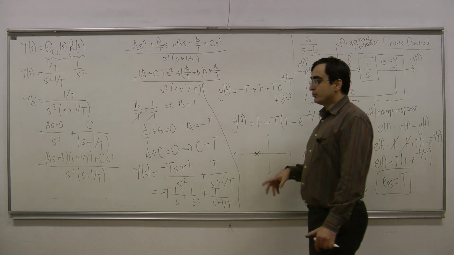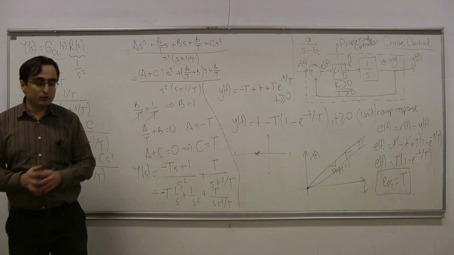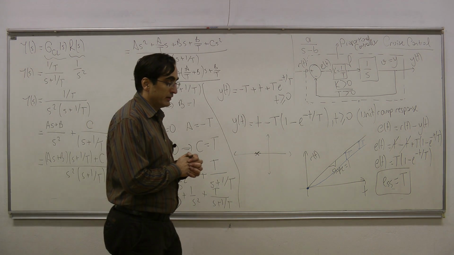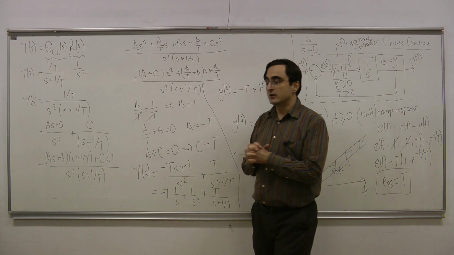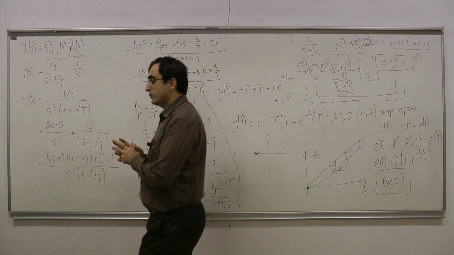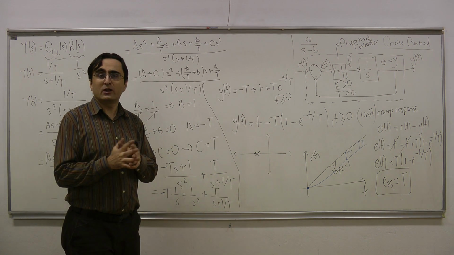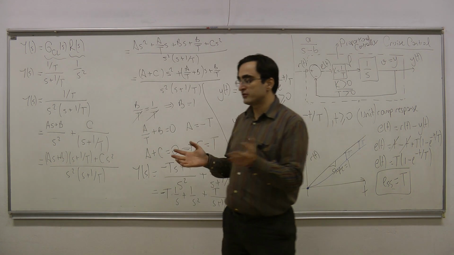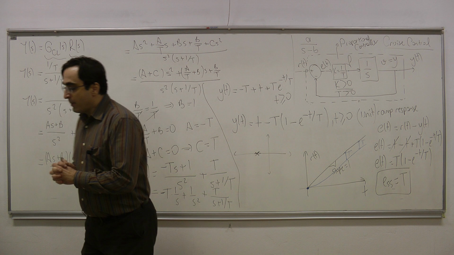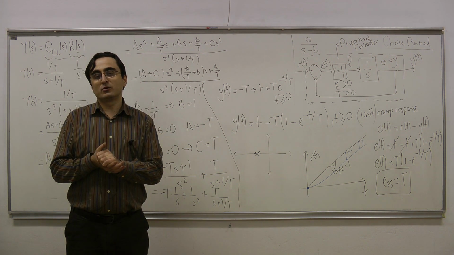Therefore, first order systems are really good systems in that they don't have any oscillatory behavior. We are going to see when we start with the second order systems, we would see oscillatory behavior for some complex pole locations. And that is really going to cause a lot of problems sometimes, and that's going to be good for some other times. But this completes the first order systems, and that leaves us the second order systems for the next lecture.